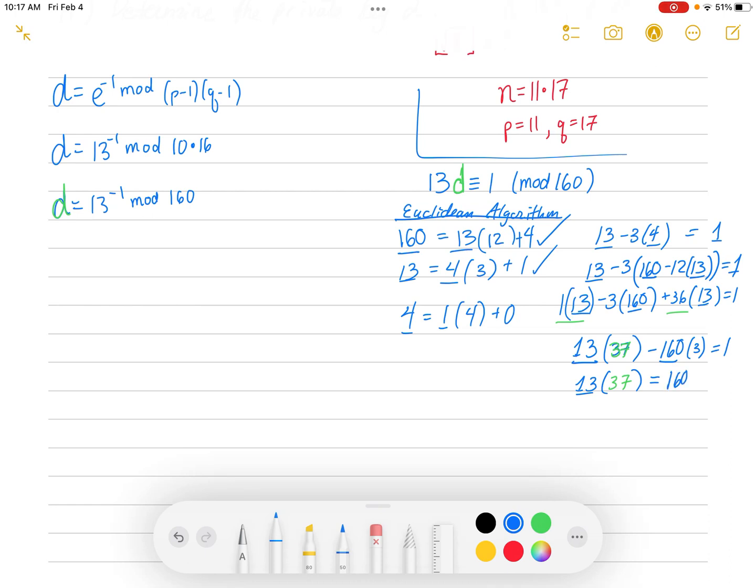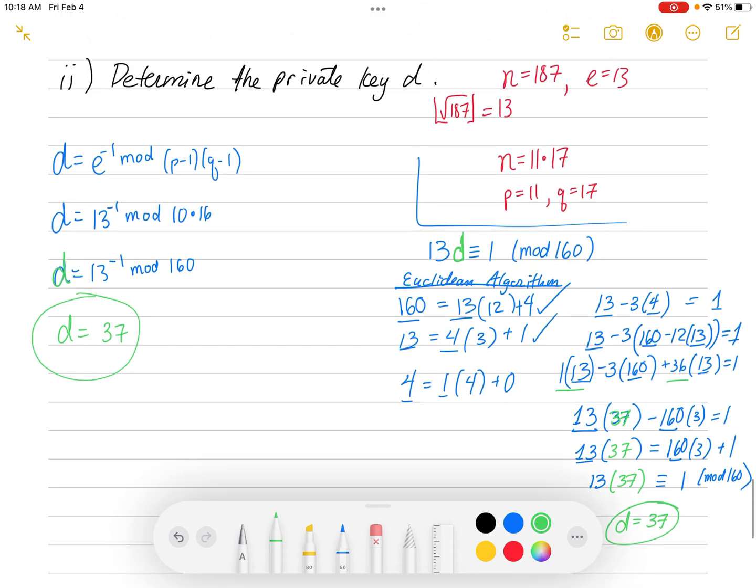I'll take the 160 times 3 to the other side, so I got 160 times 3 plus 1. And if you think about this statement, this is the same statement as 13 times 37 is congruent to 1 mod 160. So that means that the D here is 37. So the inverse of 13 mod 160 is 37, so D is 37.